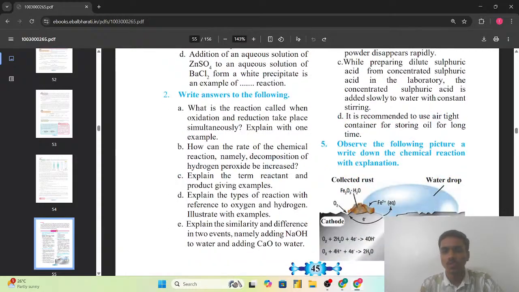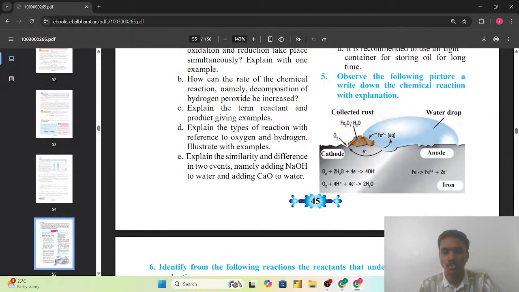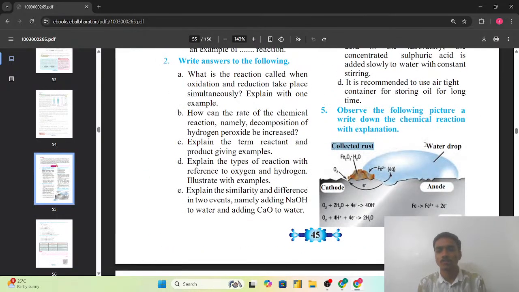And one more thing, here is one question which many students ignore. A diagram is given regarding the collected rust, water drop, and some cathode and anode reactions. So please try to remember all these types of reactions.